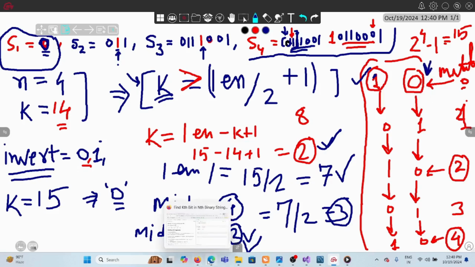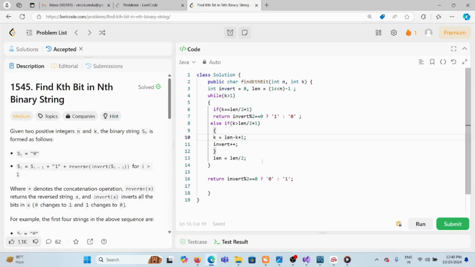So we will see here. When we are coming out of it, let's say this condition is not matched anywhere. What will we do? We will again check whether invert came an even number of times or odd.